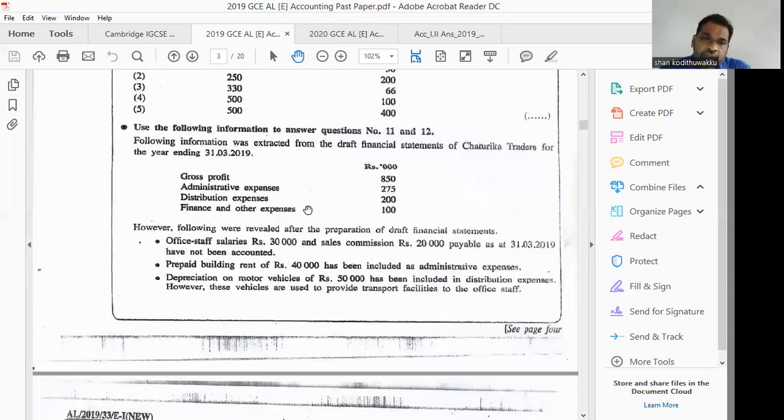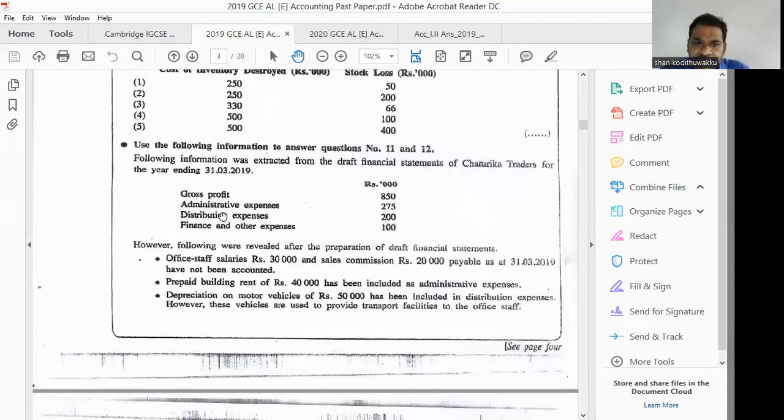Right. So first we have to find administrative expenses. The given administrative expenses value is 275 in thousands. Then office staff salary is 30, we have to add. Then prepaid building rent 40 should be deducted from administration, because prepaid we don't record in expense accounts.